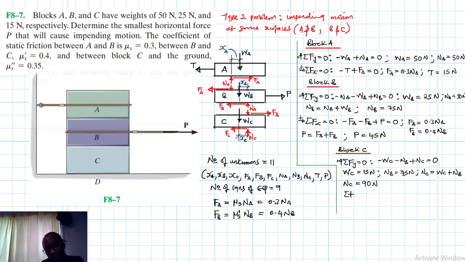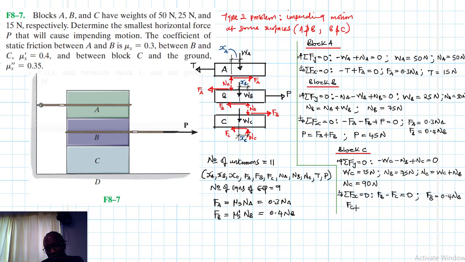Right, and then summation of forces in the X direction equal to 0, going this direction being our reference. So we have FB minus FC equal to 0. We know what FB is. FB is equal to 0.4 NB.